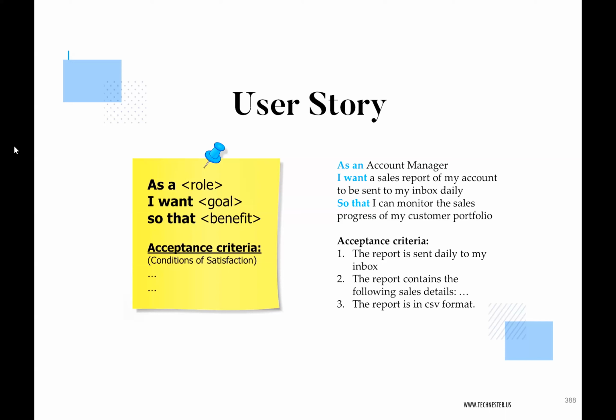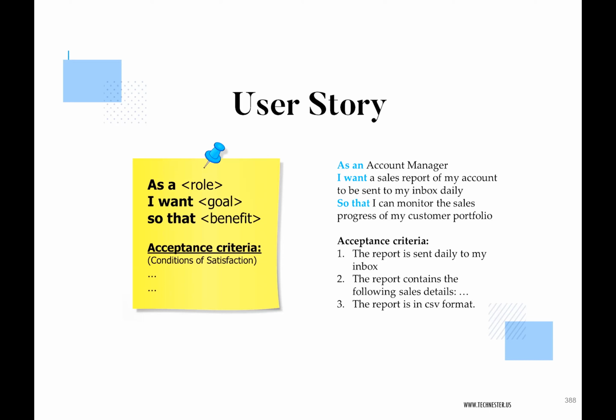So yesterday we started to talk about user stories and acceptance criteria. And we saw the structure of a user story. And we came to understand that our user story will have three parts.